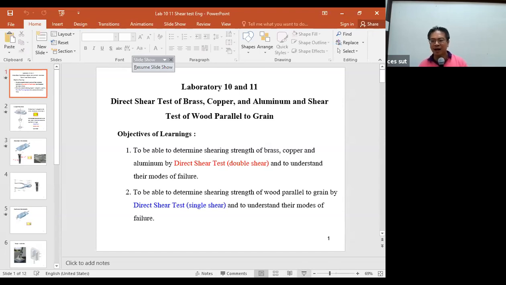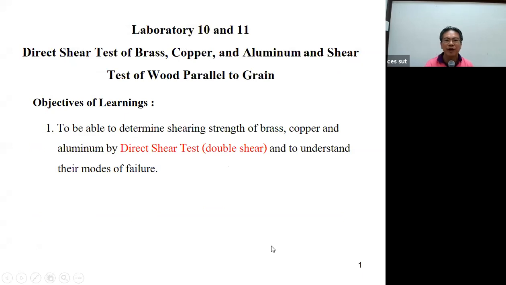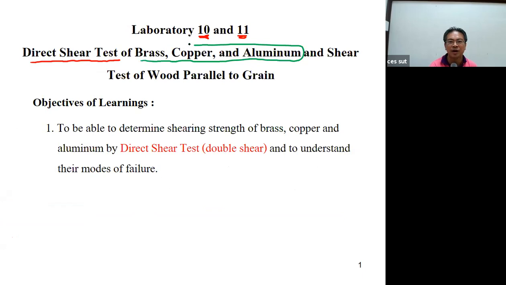We have group 1 and group 2. We have lab 10 and lab 11, which is going to be the direct shear. The first one is the direct shear for the metal material, including brass, copper, and aluminum, and that is going to be in the form of double shear.